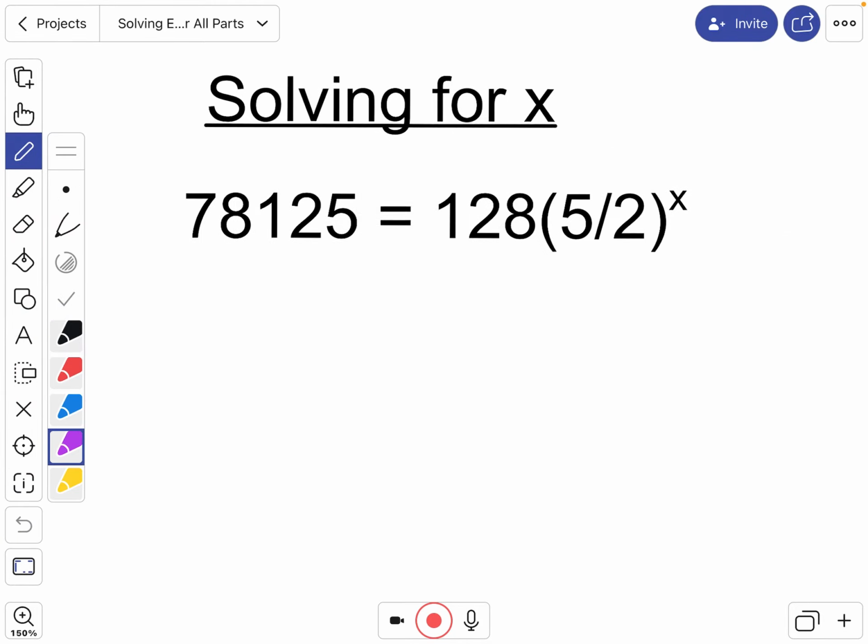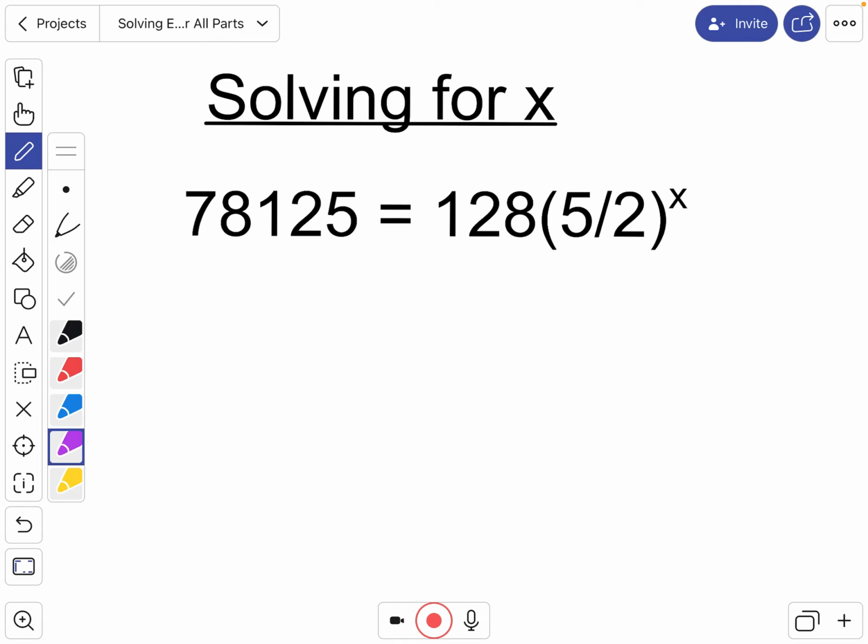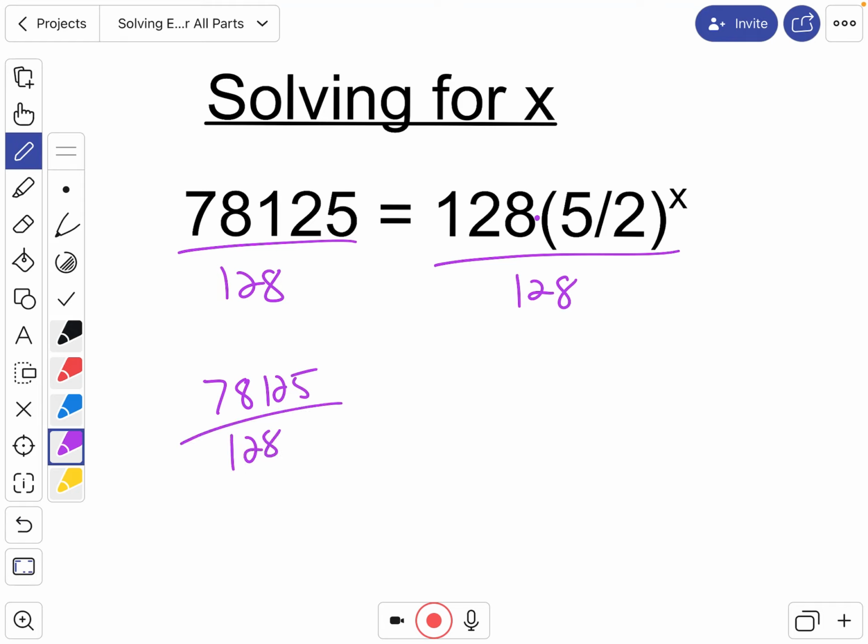What if we have x as an exponent? What we're going to do is we've got 128 times 5 halves to the x. I'm going to divide both sides by 128. And I get, I'm just going to leave it as a fraction for now, 78125 divided by 128. And this is 5 over 2 to the x.